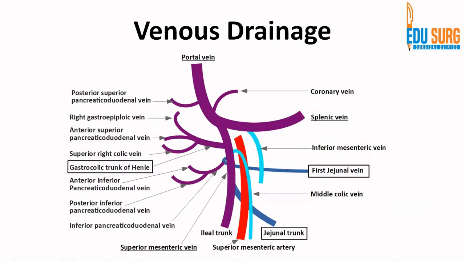Now coming to venous drainage, again a diagram that you have seen in our video on venous drainage of the pancreas, more or less the same vessels we have to see. You have the anterior superior pancreaticoduodenal vein, which joins with the right gastroepiploic vein and forms the gastrocolic trunk of Henle, with or without the superior right colic vein. Then you have the posterior superior pancreaticoduodenal vein, which usually directly joins the portal vein.